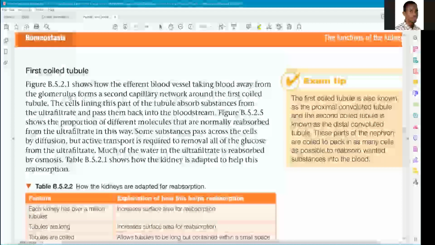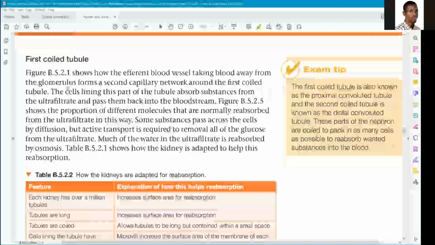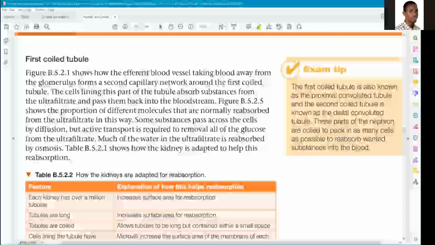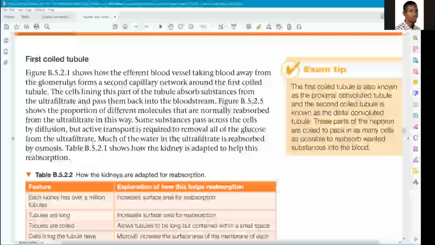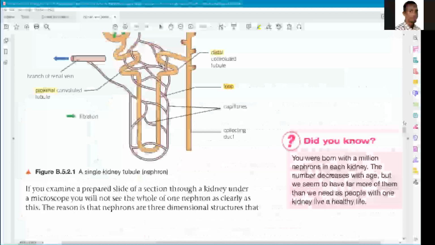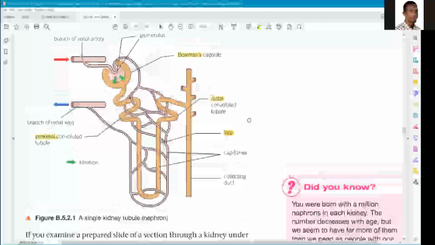They're talking about the first coiled tube, where the substances are reabsorbed. I'm looking for figure B21. They're sending me all the way back up here. This one.